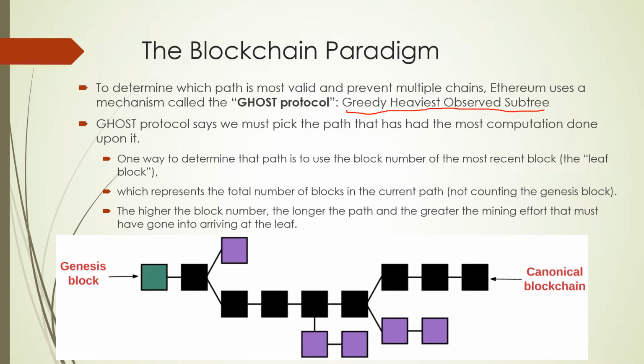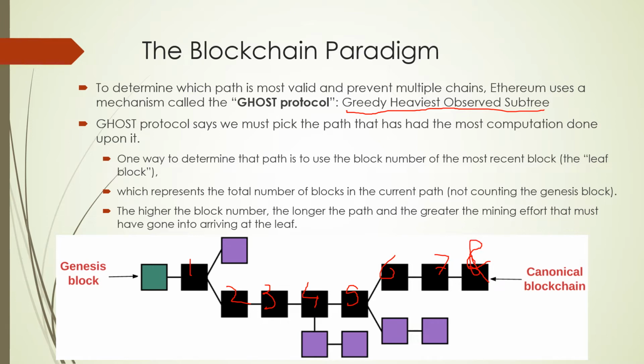And one way to determine that path is the longest path is to use the block number of the most recent block, which is the leaf block, and that number basically represents the total number of blocks that are in that path with exclusion of the genesis block. So for example, the block number on this block is 1, 2, 3, 4, 5, 6, 7, 8.